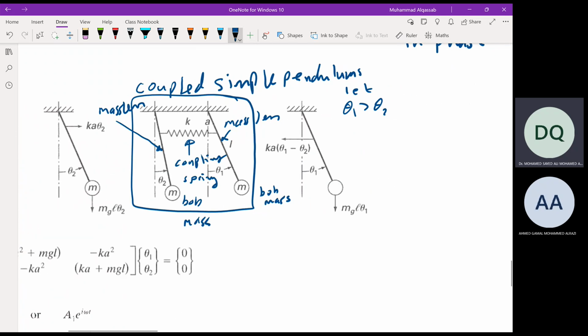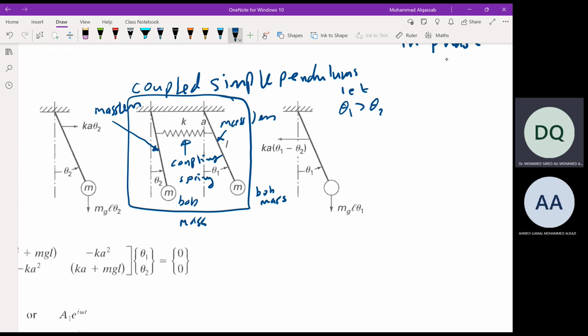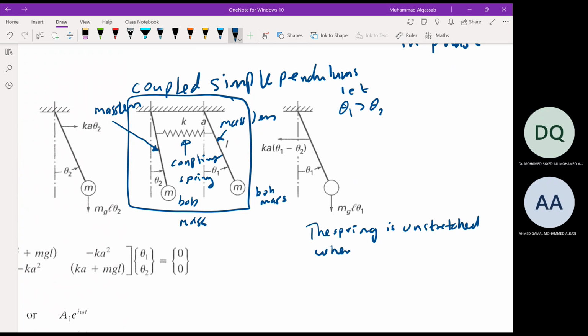So we can put this as a comment that the spring is undeformed or unstretched when theta 1 equals theta 2 equals 0. So when it is in equilibrium, assume the spring is unloaded. So the spring force is 0 at theta 1 equals theta 2 equals 0.